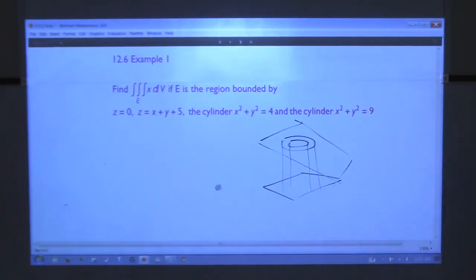That's basically what I've got going on. Do you see the solid that's basically bounded by all those? Can you visualize it?